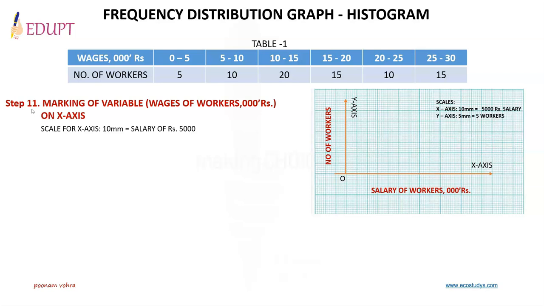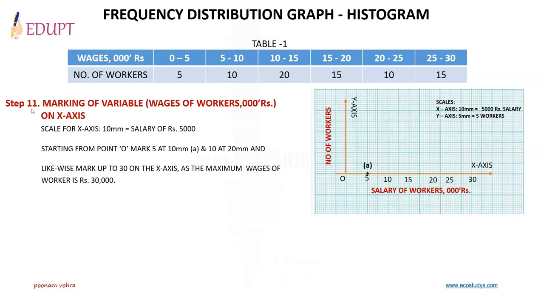Scale we have already assumed 10 millimeter is salary of 5,000. Starting from point 0, one can mark 5 at 10 millimeters which is point A and 10 at 20 millimeters. Likewise, one can mark up to 30 on x-axis as the maximum wages of workers is 30,000.